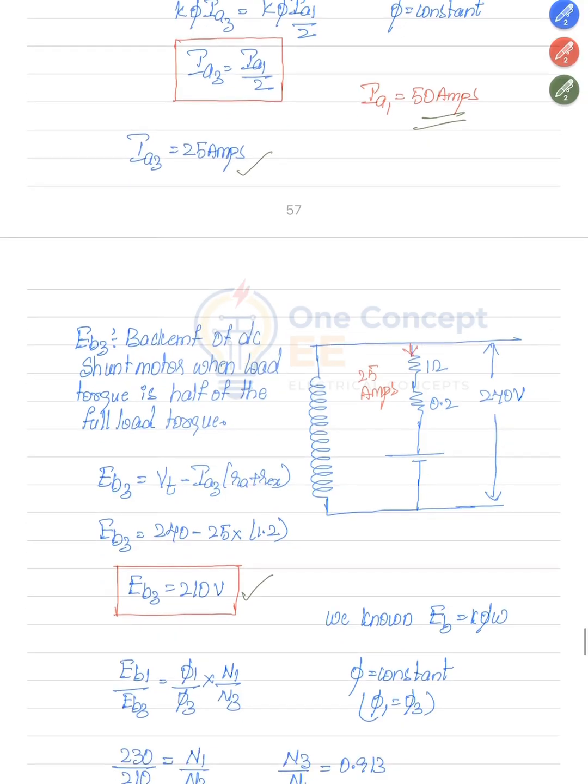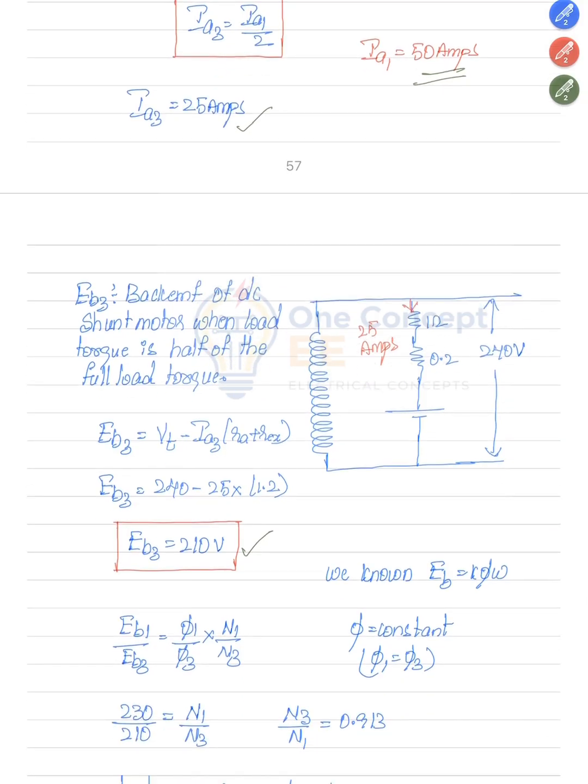Here phi1 equal to phi3 because flux is always kept constant. Eb1 by Eb3: Eb1 is the back EMF of the motor under rated condition, Eb3 is the back EMF of the motor after adding an external resistance of 1 ohm with load torque half of its full load torque. N1 is the speed of the motor under full load.